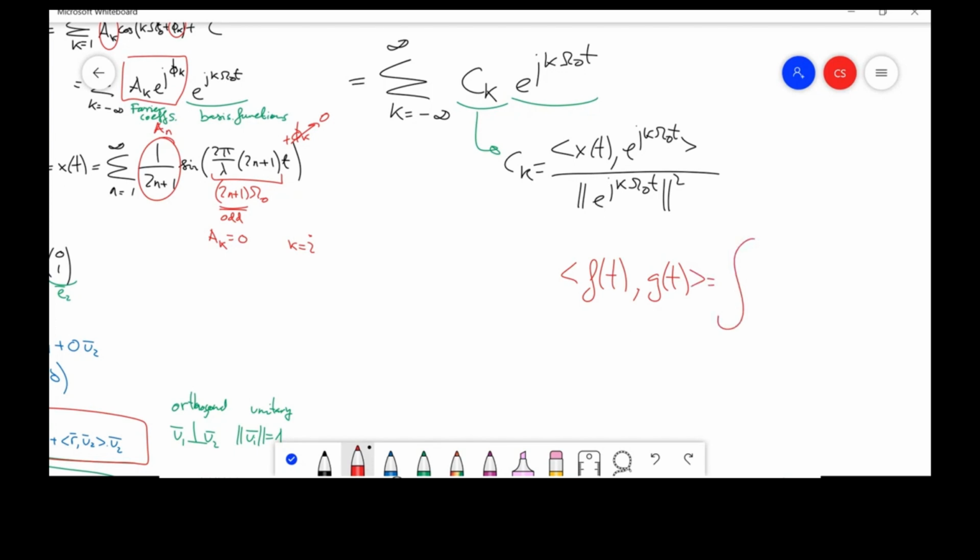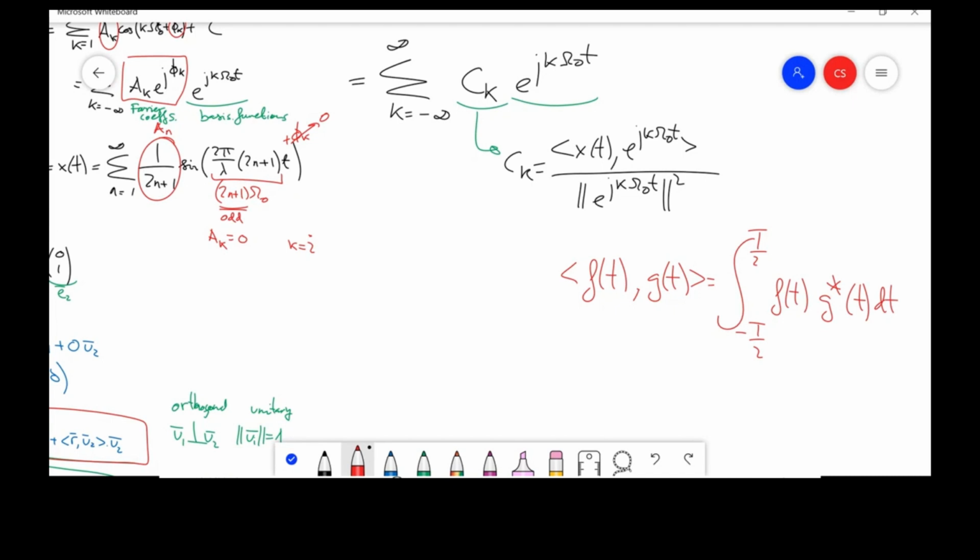These signals are periodic, with period T. So I will go from minus T/2 to T/2 of f(t) multiplied by the complex conjugate. You take f(t), multiply by the complex conjugate of your basis, multiply the two, compute this integral, and that is the inner product.